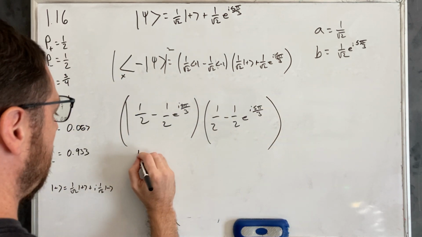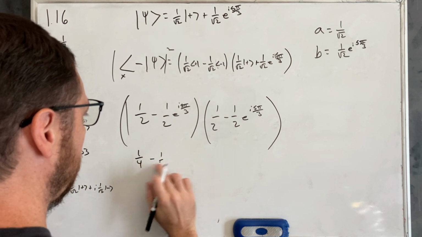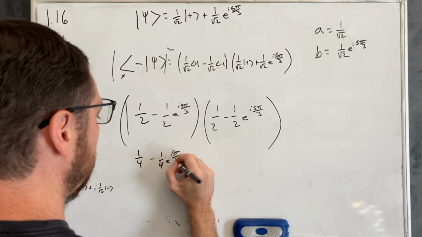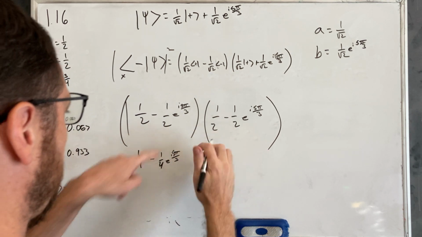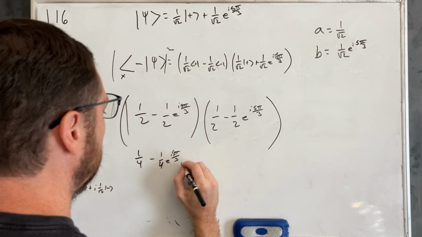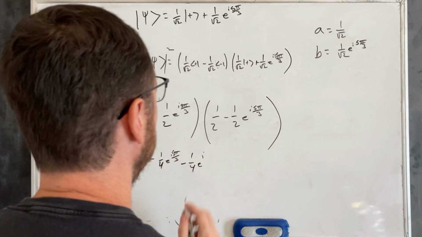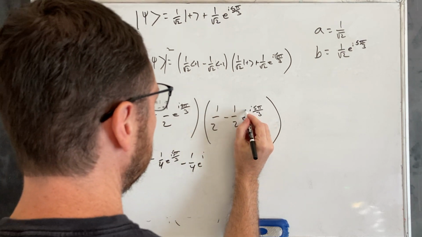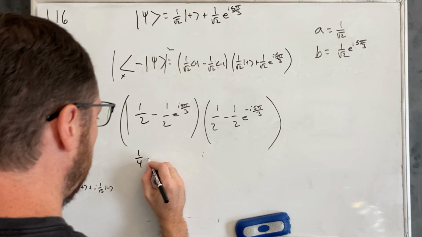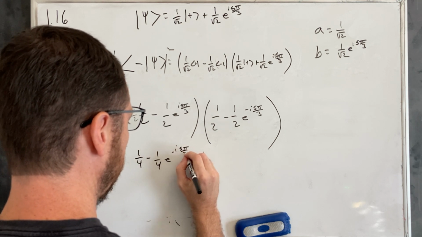So 1/2 minus 1/2 e to the I 5 pi over 3. So we have 1/4 minus 1/4 e to the I 5 pi over 3. Okay. Minus 1/4 e to the I. Oh, this should be negative I right here. Okay, so minus 1/4 e to the negative I 5 pi over 3.